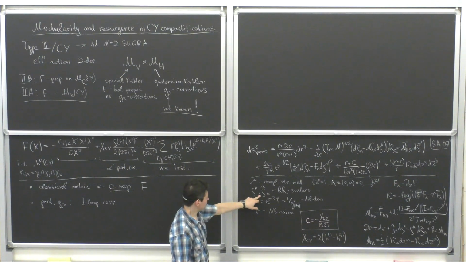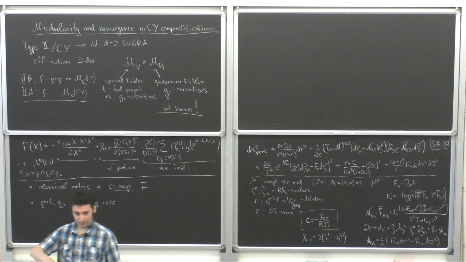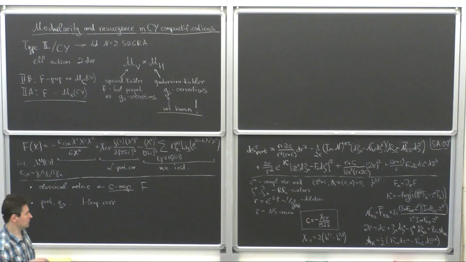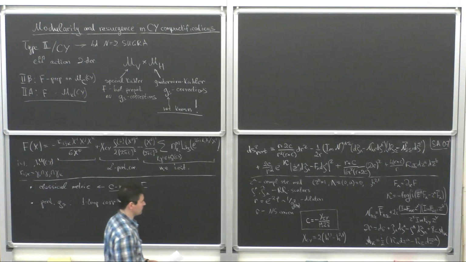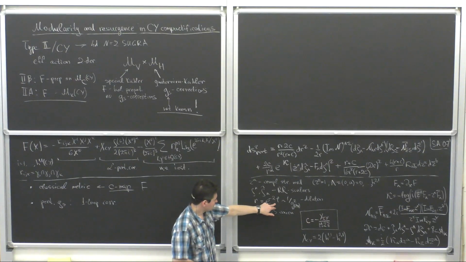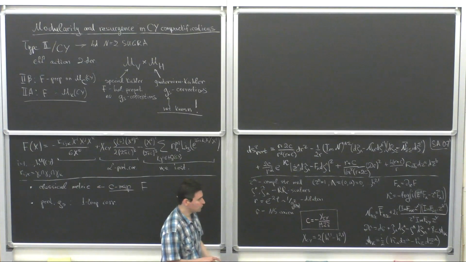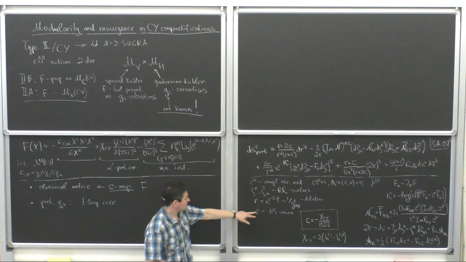Zeta and zeta tilde are Ramond-Ramond scalars, which are obtained by periods of the type 2A three-form along three-cycles of the Calabi-Yau. Then r denotes the exponential of the dilaton, so it's like 1 over g_s squared. And then sigma is the dual to the B field, so it's an NS axion.